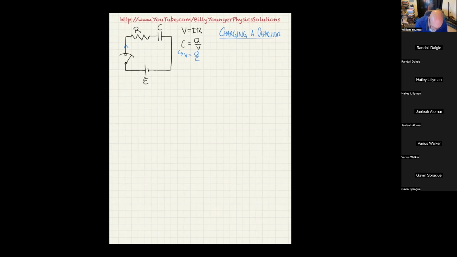So the answers are the voltage across the capacitor is actually, if you let the current run, so what's going to happen when we first close that switch, the positive side of the battery is going to compel the positive charges in the wire that are free to move because it's a wire, i.e. a conductor, that's going to compel those charges to flow around this circuit in a clockwise fashion.